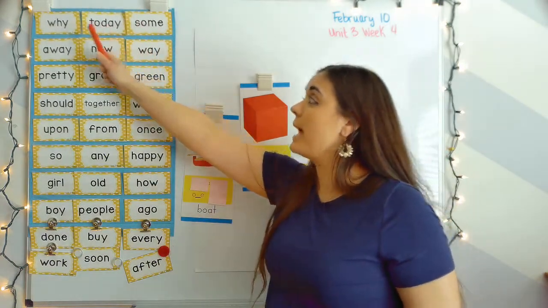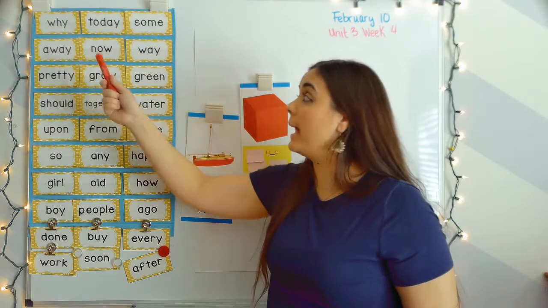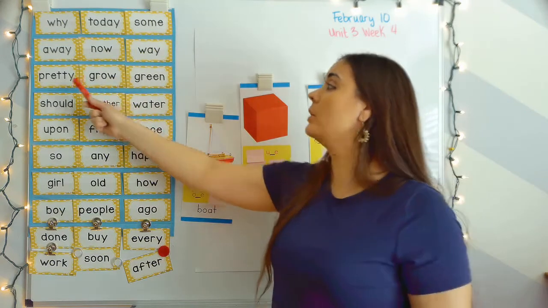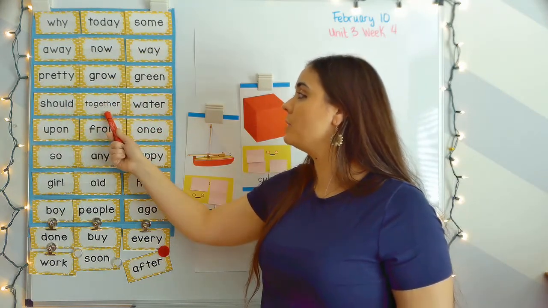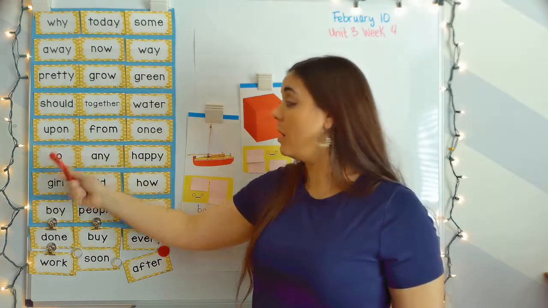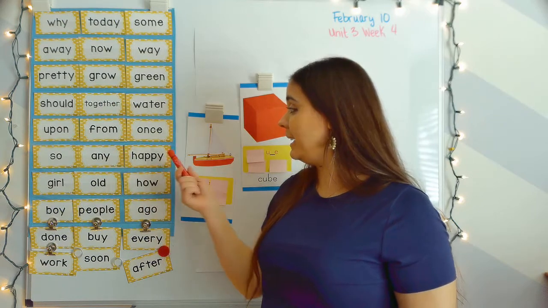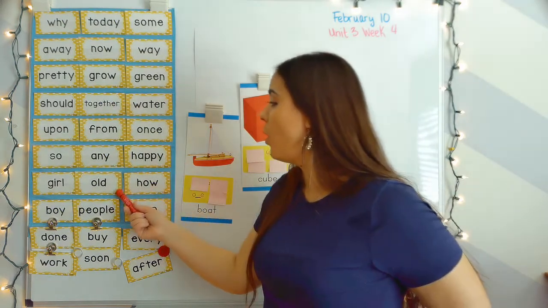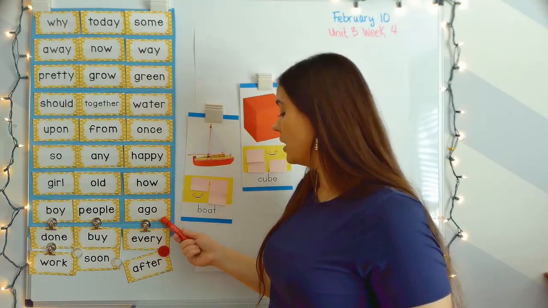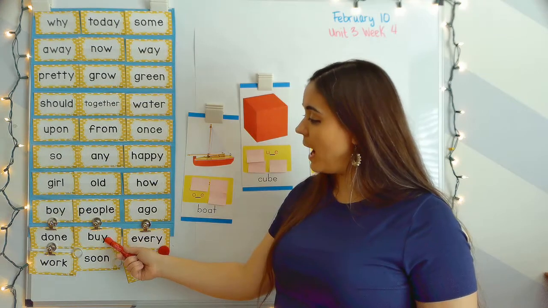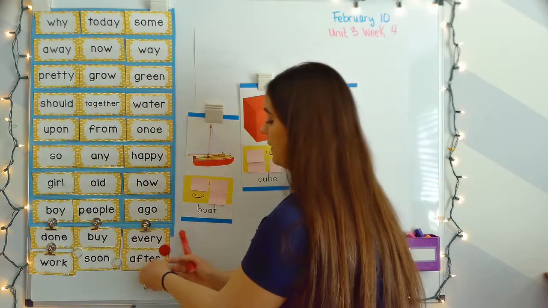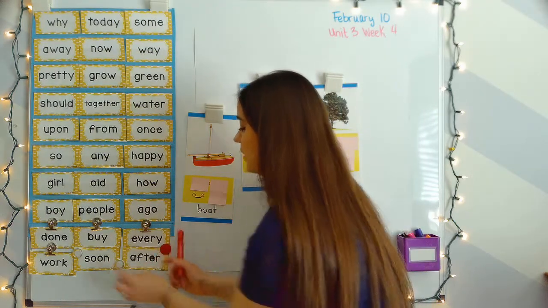Today, why, away, now, way, green, grow, pretty, should, together, water, once, from, upon, so, any, happy, how, old, girl, boy, people, ago, every, by, done, work, soon, and after.